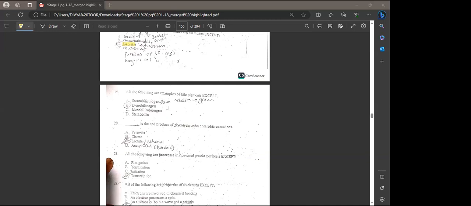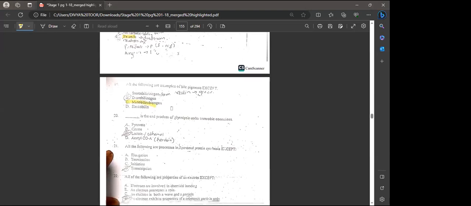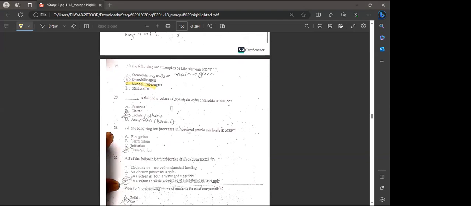I've never heard of it. All these others are formed from bilirubin, but meso is not. We'll see it when we read further.